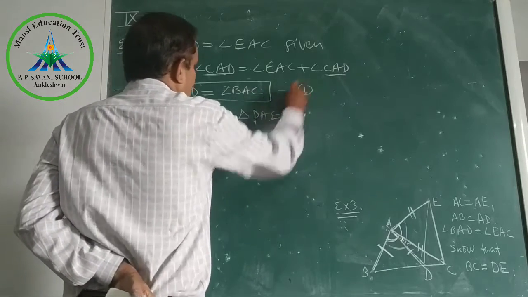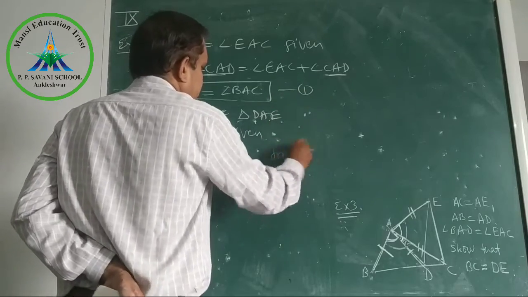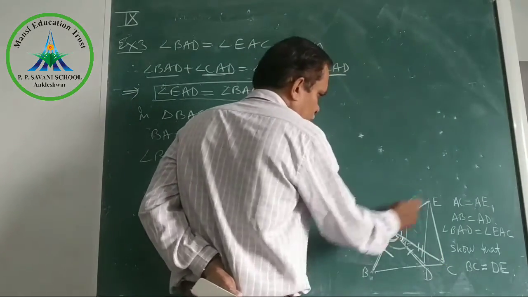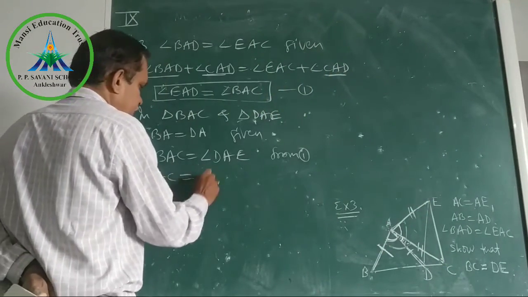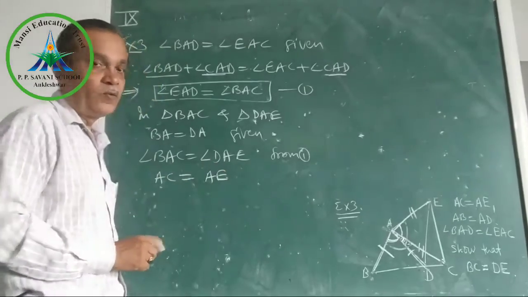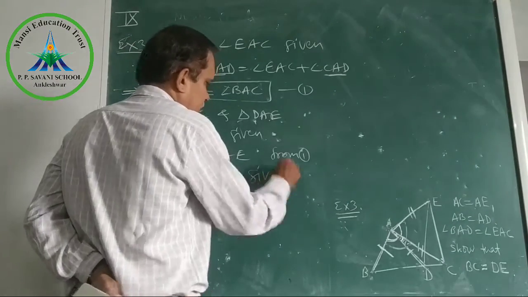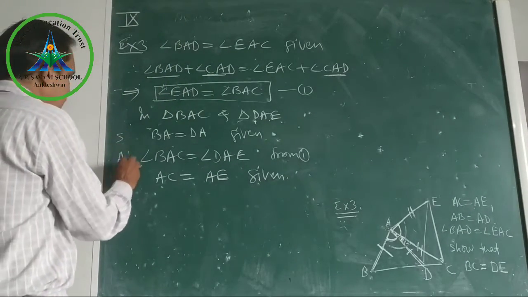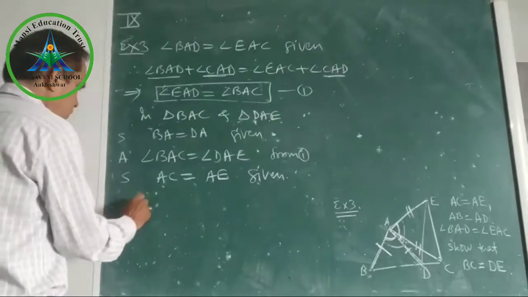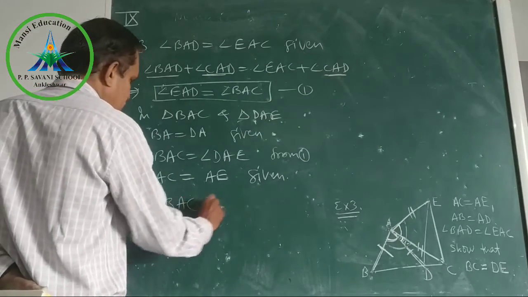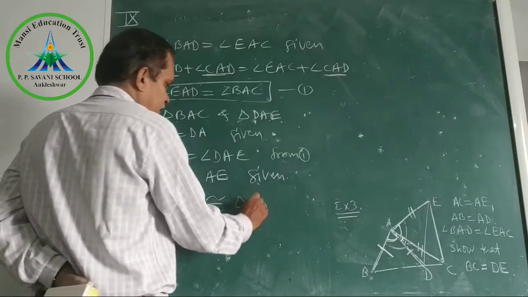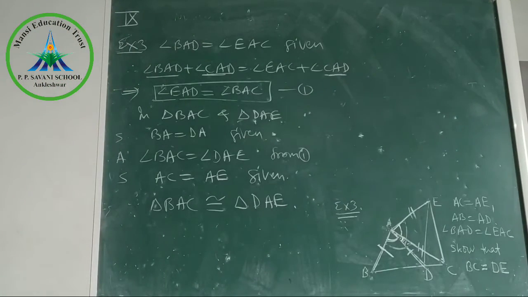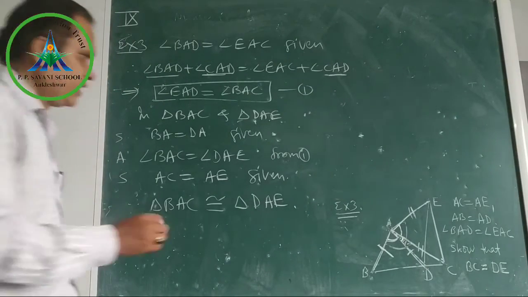We got it from first. And which side now? AC equal to AE. What is the support? Given. Yes or no? Now see the rule. Which rule? Side, angle, side. Therefore, triangle BAC congruent triangle DAE. SAS rule.